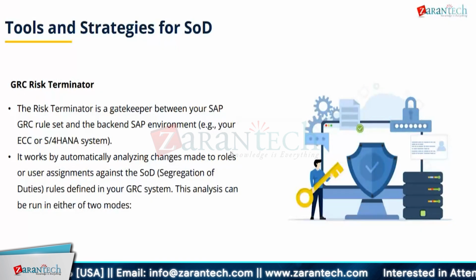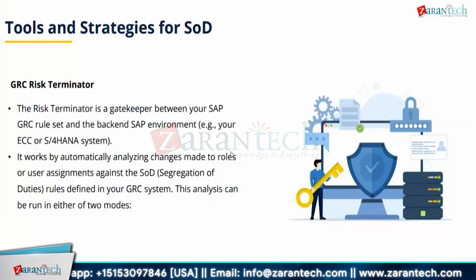It helps us detect any potential SOD conflicts when roles are assigned or changed. Even if roles are assigned to a user, the risk terminator engine runs. And if existing roles are changed, the risk engine will flag us with the risks that may come in. Take the example of a retail company using the risk terminator: the person responsible for setting up new suppliers should not be the same person who approves payments.